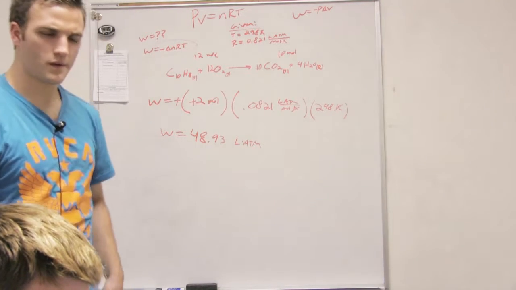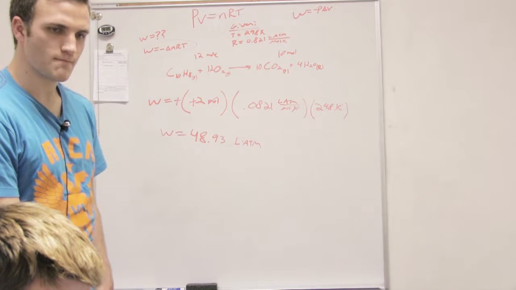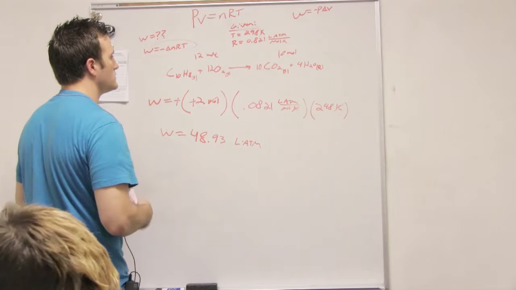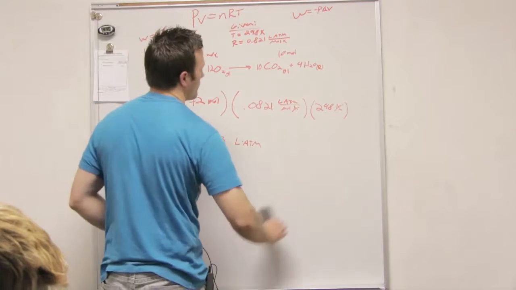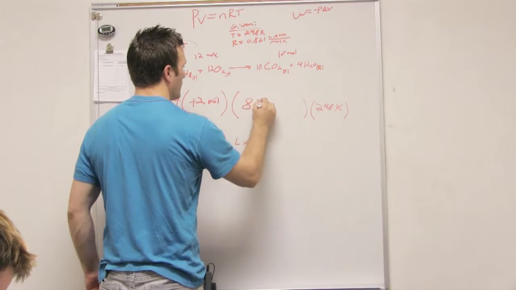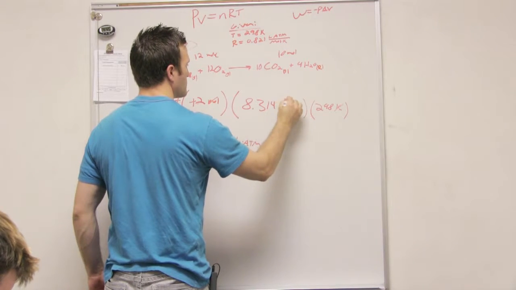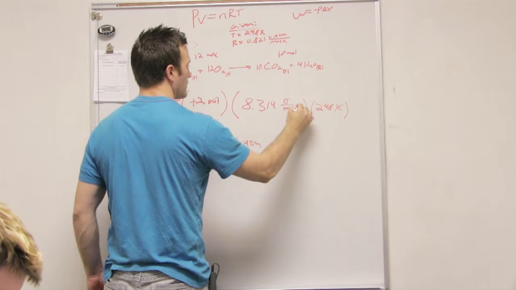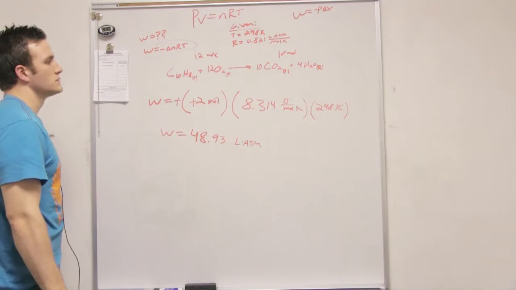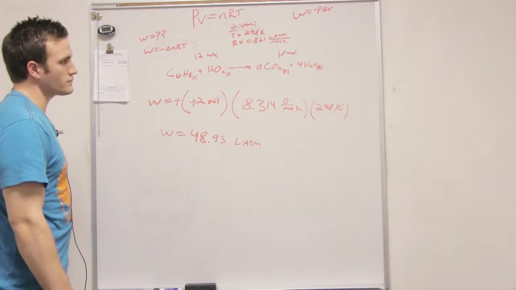You wrote up that the constant is different. So the constant for this one is 8.314, right? And it's joules per mole Kelvin, right? Might be. So that's just a new constant we have to memorize.